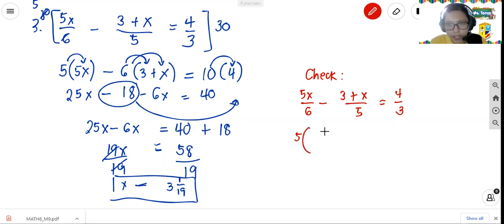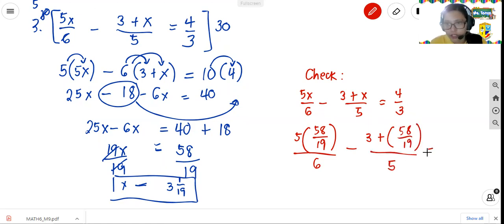So 5 times 58 over 19. Let's just use the improper fraction. It's much easier compared with the mixed number because you still have to convert it to an improper fraction. Minus 3 plus 58 over 19 over 5 is equal to 4 over 3. Okay, so let's simplify first.